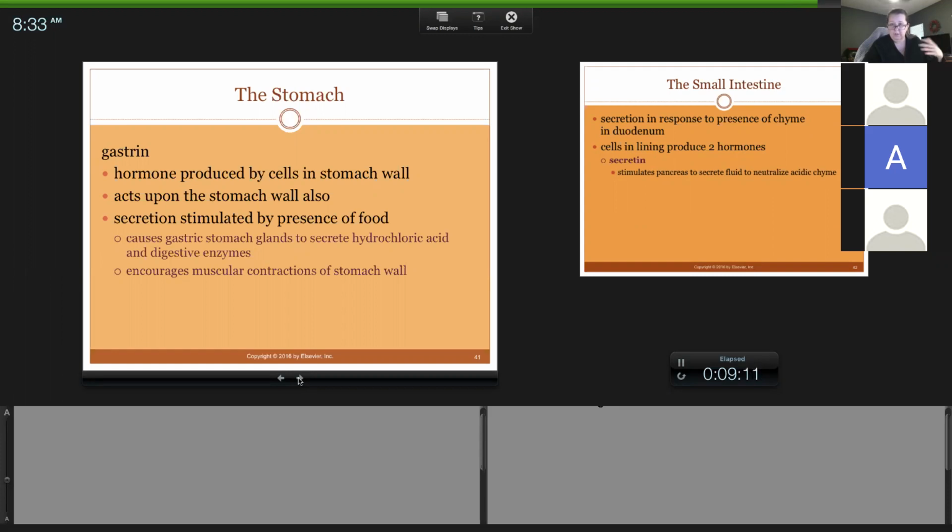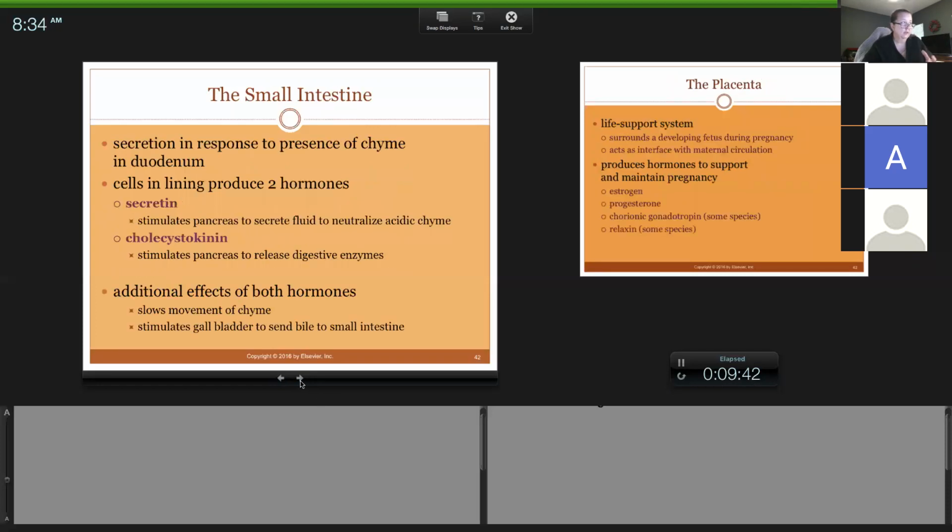It is produced in the stomach wall, but remember, when food hits the stomach, gastrin is going to stimulate hydrochloric acid and those enzymes. And it's also going to help the muscles of the stomach contract. So what is the feedback for gastrin? The presence of food. It targets the stomach itself, to help start digesting a meal.